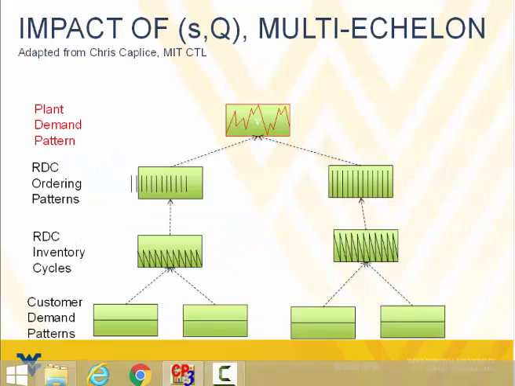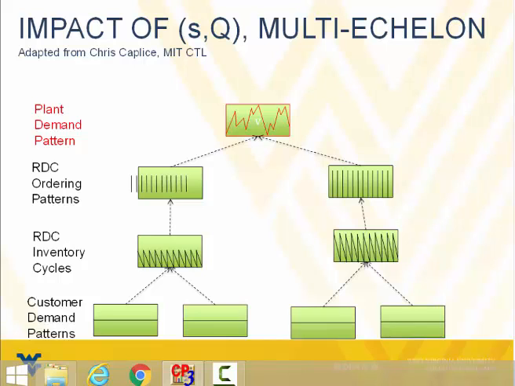So here's a representation of this problem. We're all familiar with this. We saw this in the beer game. Retailer customer demand is almost flat. Remember that? And then we have inventory at the regional distribution center, where you're evaluating inventory. It's hitting the reorder point and you're placing an order. And that gets amplified as it goes up in the ordering patterns, and the ordering patterns might be different.